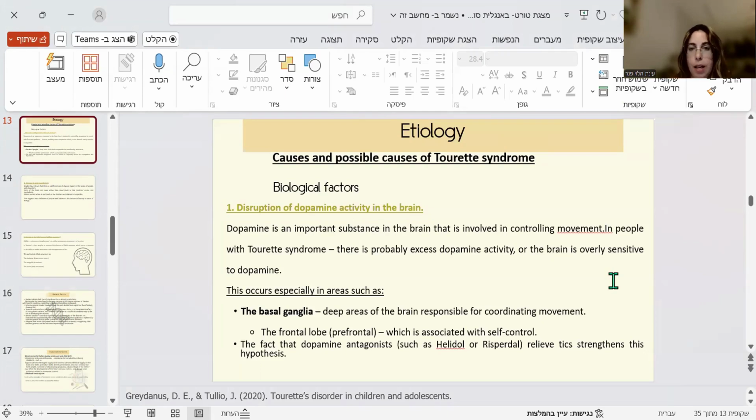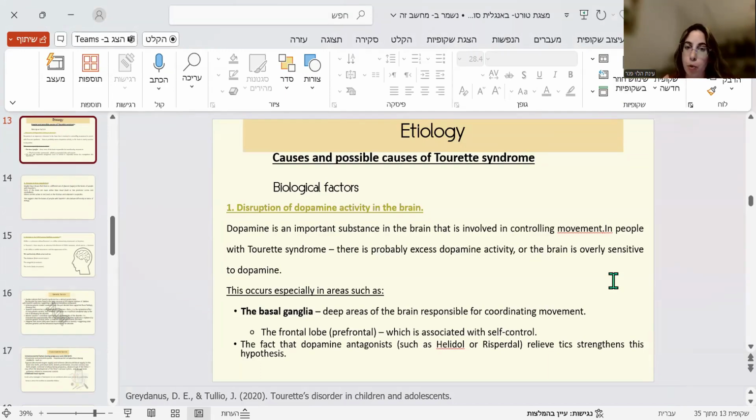Etiology, causes and possible causes of Tourette syndrome. Biological factors: disruption of dopamine activity in the brain. Dopamine is an important substance in the brain that is involved in controlling movement.